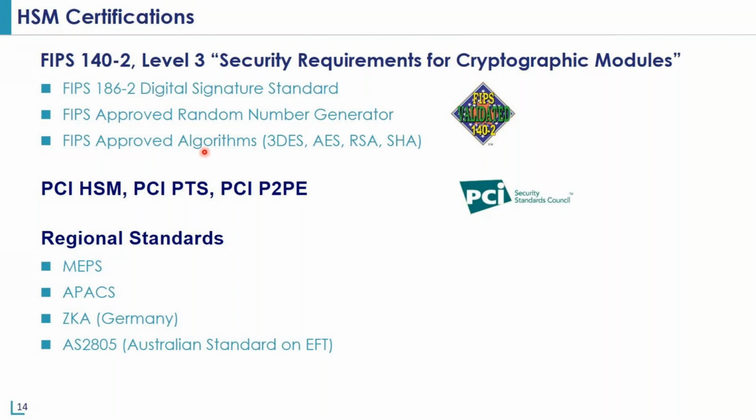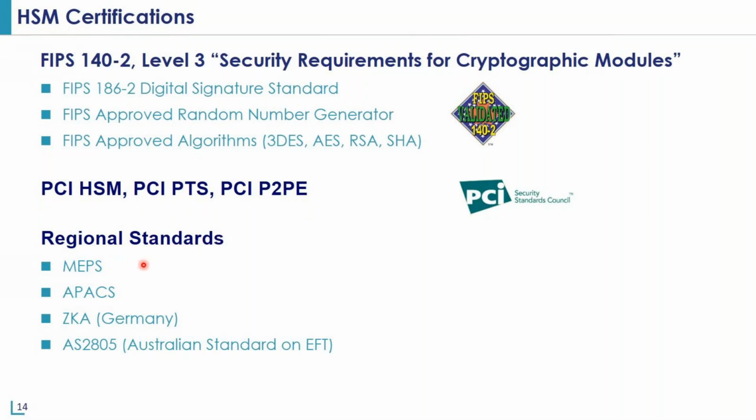The algorithms supported on your PayShield 10K are again FIPS approved: 3DES, AES, RSA, and SHA. Certifications include PCI HSM, PCI PTS, PCI PIN transaction security, and PCI point-to-point encryption. We have received certification for all these standards.